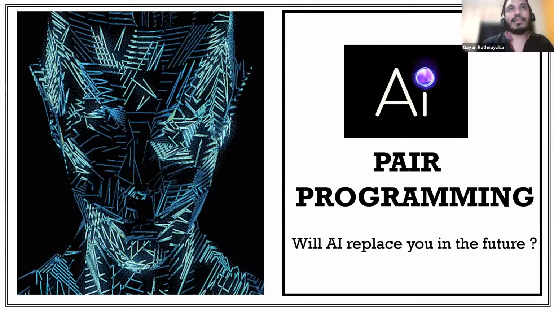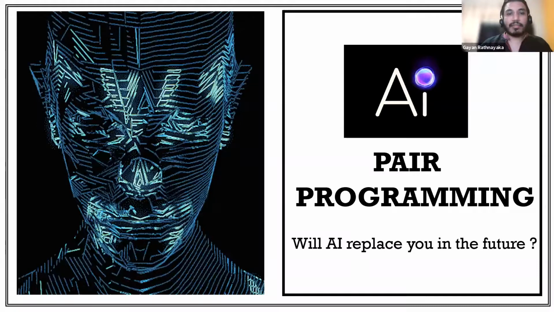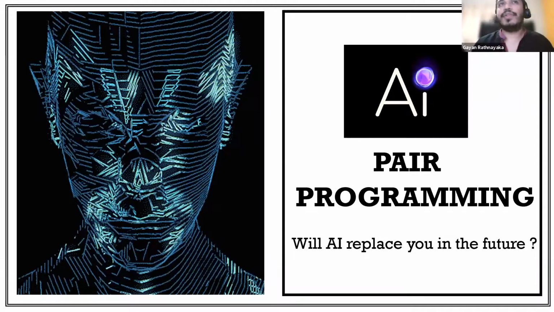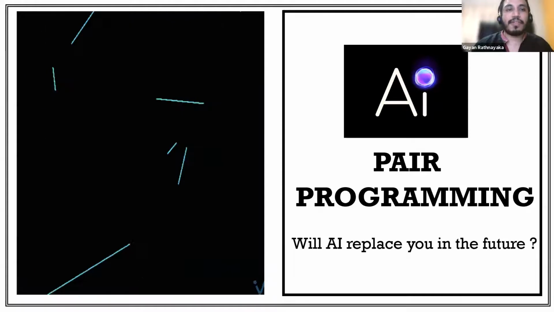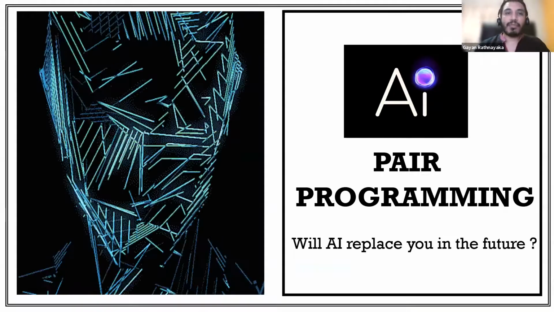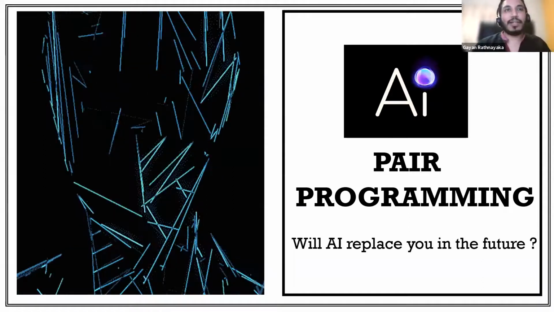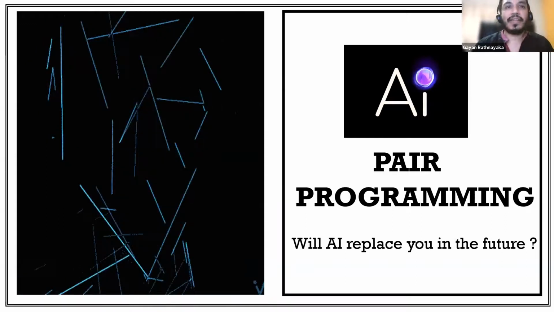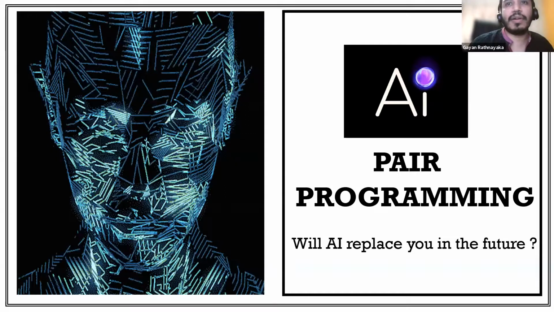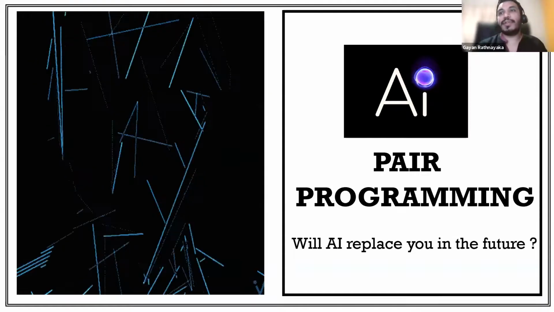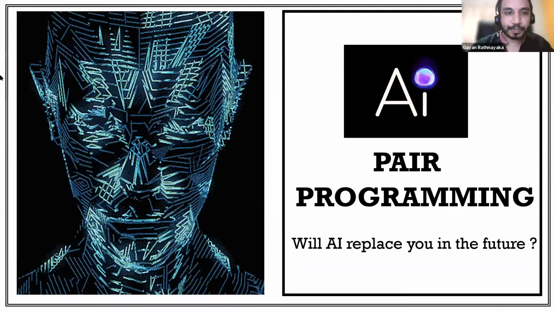Rather than writing the function by yourself, 2 people can get together and write the function. The person who writes the function, we call the author, and the other person who looks over and navigates, we call the observer. That's basically the idea of pair programming.